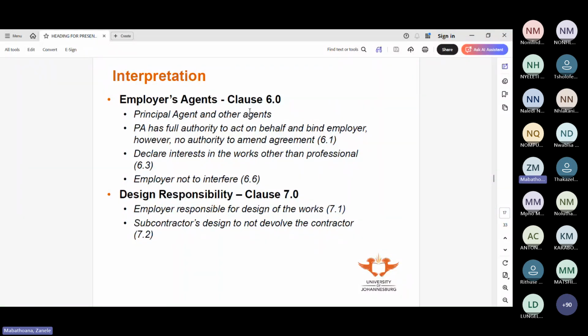Then clause 7 deals with design responsibility, where the employer is responsible for the design of the works. And then if the subcontractor has to design something, the engineer signs off on it, and that responsibility devolves onto the employer still. So even if it's a subcontractor design, it's approved by one of the client's agents and it doesn't devolve to the contractor.